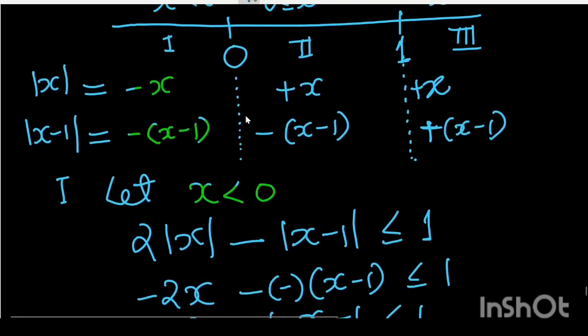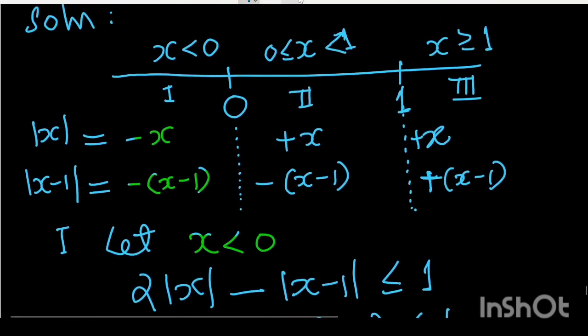Case 2 is what, guys? Case 2 is when x is assumed to be 0 to 1, 0 included. In this case |x| would be replaced by plus sign and |x - 1| would be replaced by minus sign.